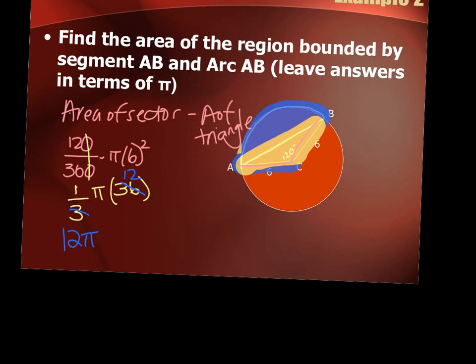Now I got to find from that the area of that triangle. So the triangle looks like this, and this is 120 degrees. I know the area of a triangle is 1/2 base times height, but do I know the base and the height?